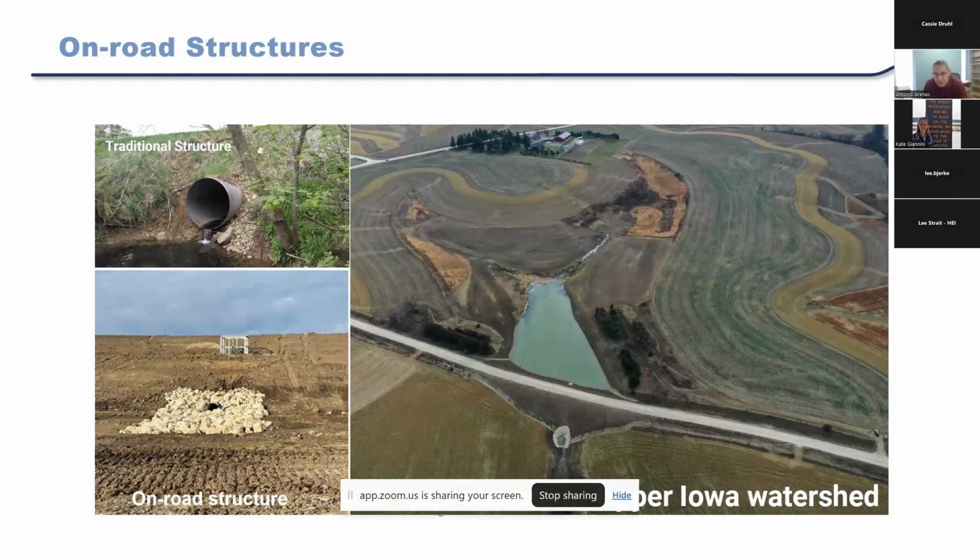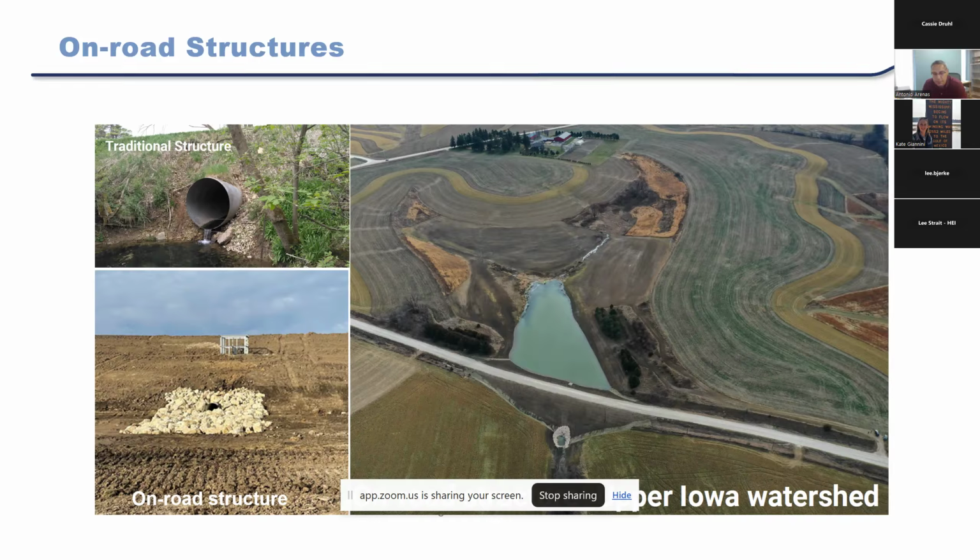So, more pictures here. We have the traditional structure that I was talking about in the upper left. We have the on-road structure, or modified culvert if you want, on the lower left. And on the right-hand side, this is a picture that was shared with me of an on-road structure actually functioning, built in Northeast Iowa.